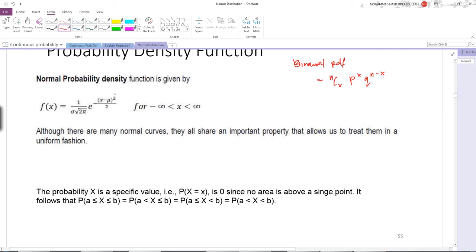So for normal distribution, it is 1 divided by sigma multiplied with square root of 2 pi, multiplied with exponential negative x minus mu squared divided by 2 sigma squared. And the range of x is from negative infinity to infinity. So this is a probability density function for normal distribution, right?